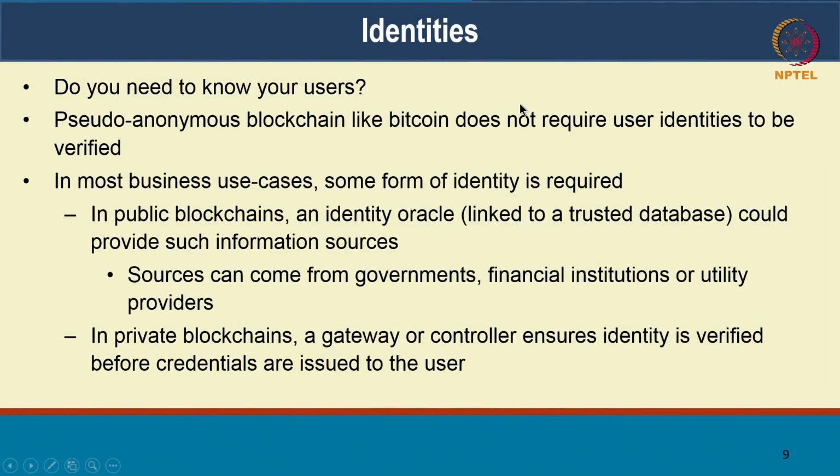Now, the next part, once you've identified the participants, you need to know their identities. So, do you know all the users who are going to be there? How are you going to create the identities? In the Bitcoin world, again, there were pseudo-anonymous identities that were created. None of these identities were verified in any way. In most business use cases, let's say I am a particular organization engaging in business, I already have a set of entities I do business with.